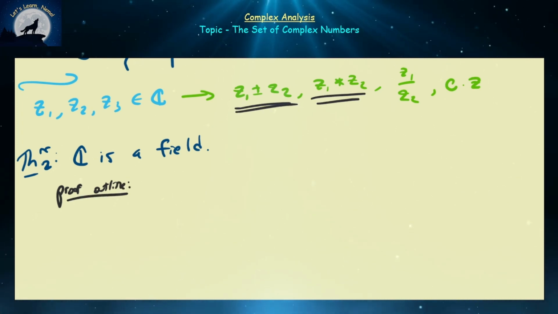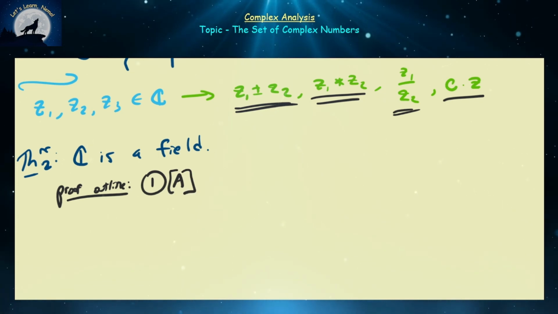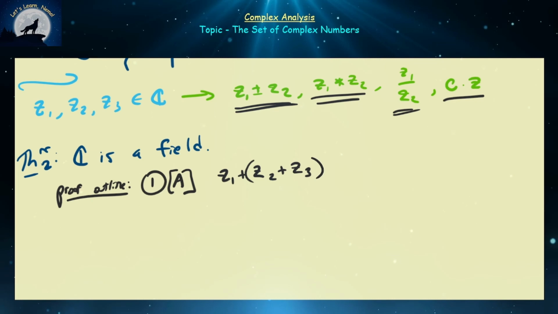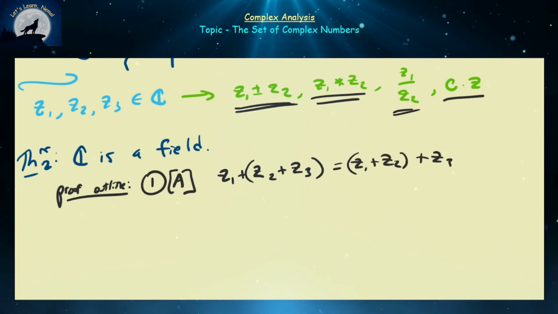using the definitions that we already have done for addition, subtraction, multiplication, division, and scalar multiplication, you would have to show the associative property holds for both operations, multiplication and addition. So you would have to show that, for example, z1 plus z2 plus z3 is equal to z1 plus z2 plus z3, grouped differently.